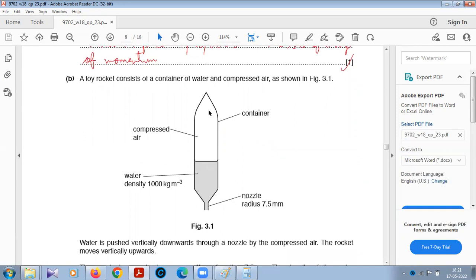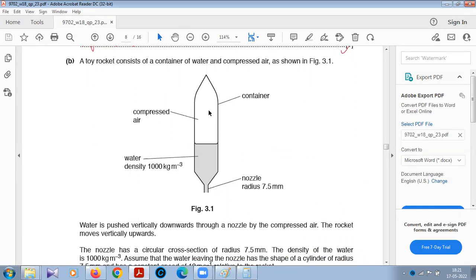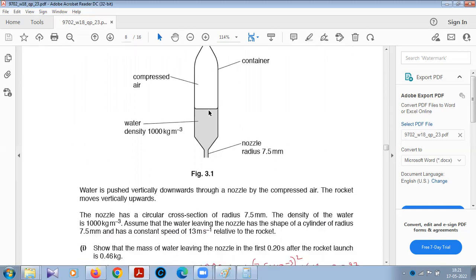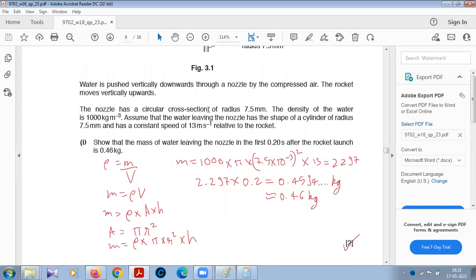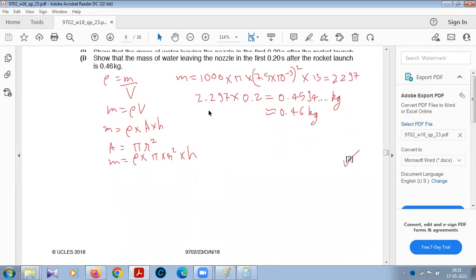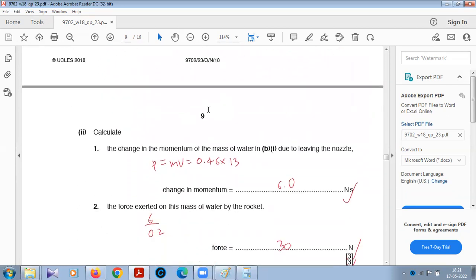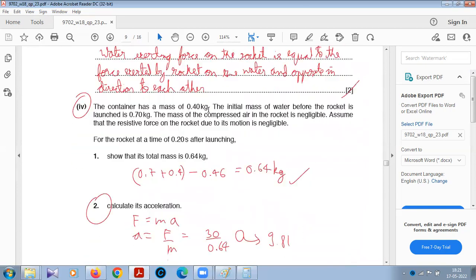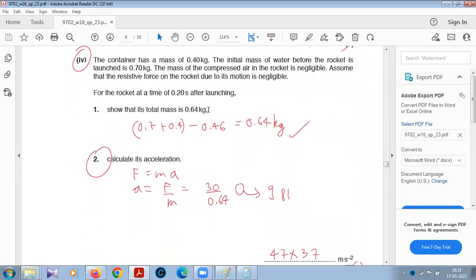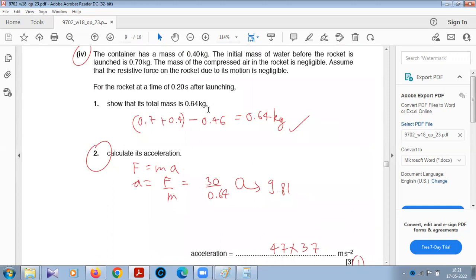So this is the thrust force in the upward direction, and weight we will take in the downward direction. Okay, so see here, for this I am solving.